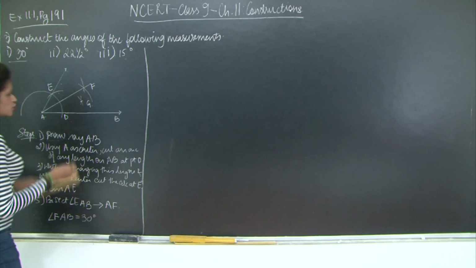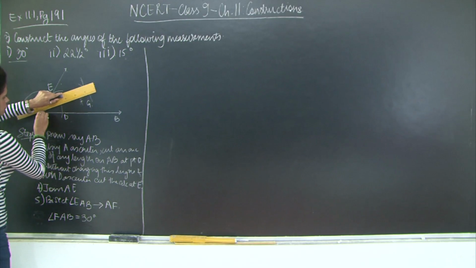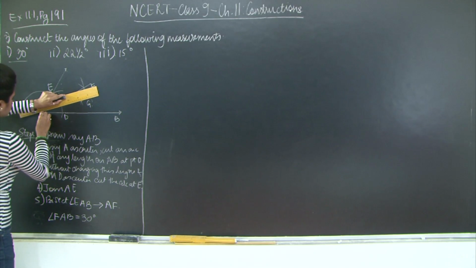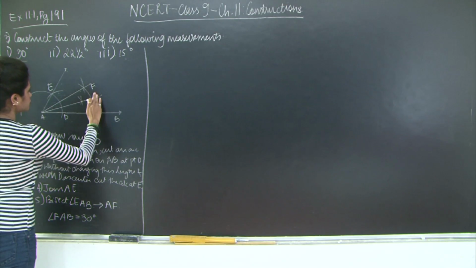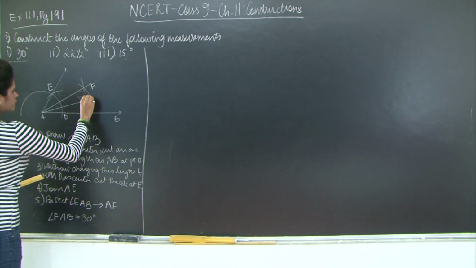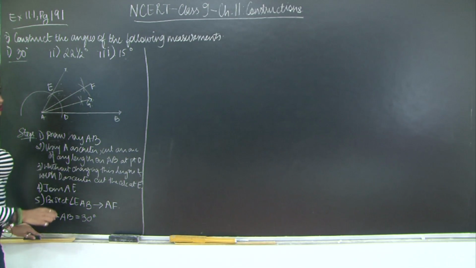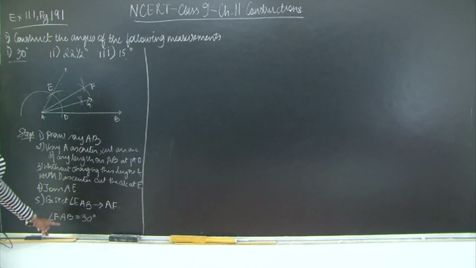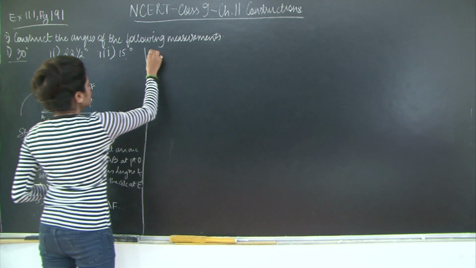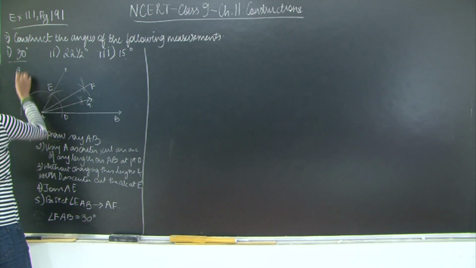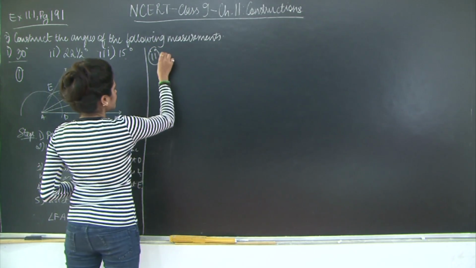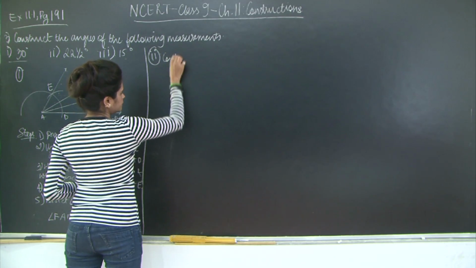You will join A to G. So AG is the bisector of angle FAB. FAB is 30 degrees. Therefore, angle GAB is going to be 15 degrees. So this was question number 1. For question number 2, I will say continuing steps.